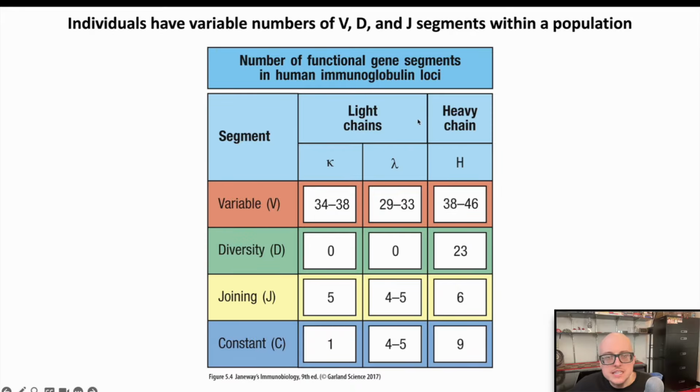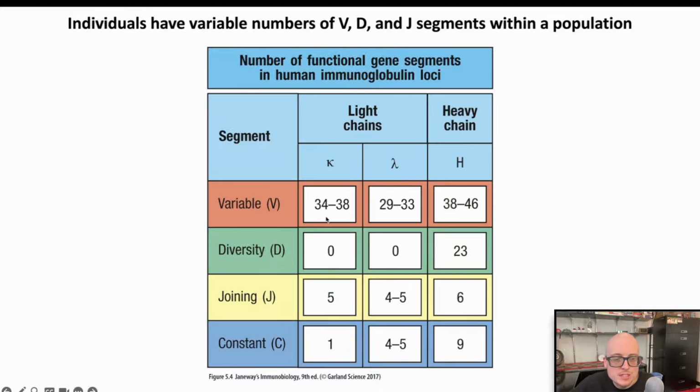Remember that we need both a light chain and a heavy chain to make an immunoglobulin molecule, and that for the light chain, we are going to use V or J segments that come from either the kappa or the lambda locus, and that within either of these loci, we have a certain number of variable segments.